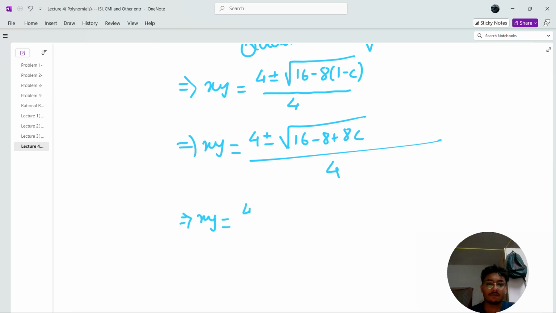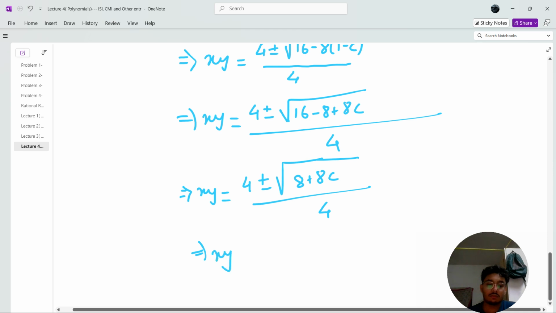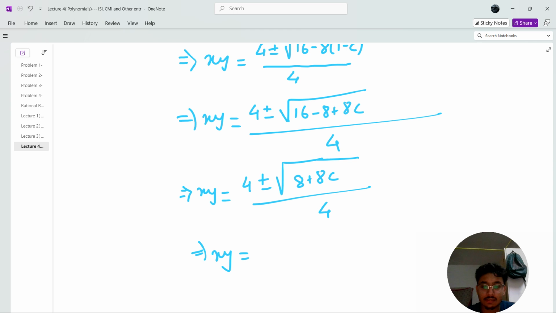My xy is 4 plus minus root over 8 plus 8c by 4. I can take out what is common. After further simplifying, this would be basically 1 plus minus 1 by root 2 into root over of 1 plus c.